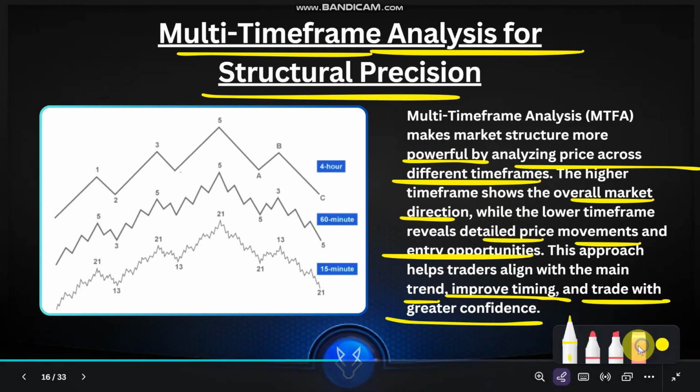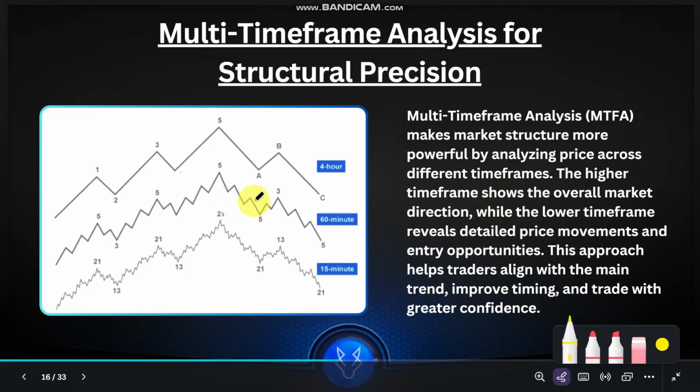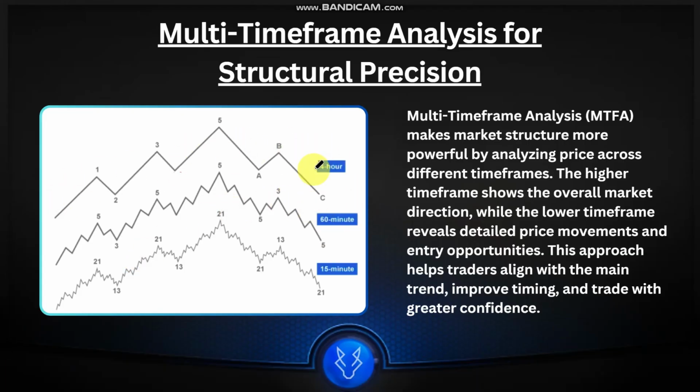Okay, so if you watch in this image right here, you could see that we have the 4 hour time frame, which is this one. You can see the 4 hour time frame, right? But if you scale down to a lower time frame, the medium or intermediate time frame, you can see how we have these pullbacks.